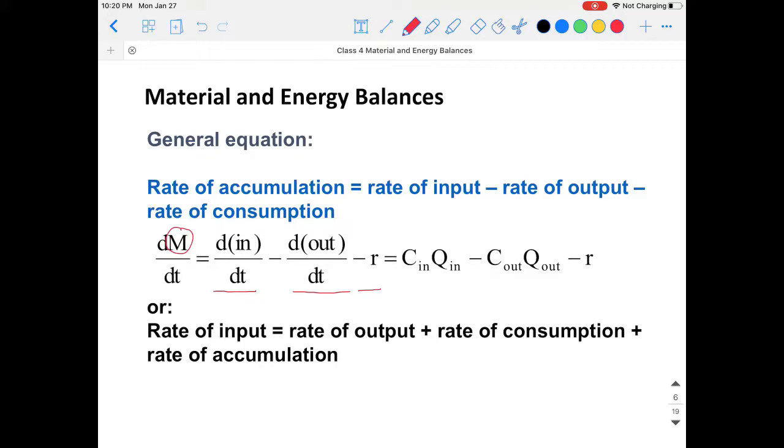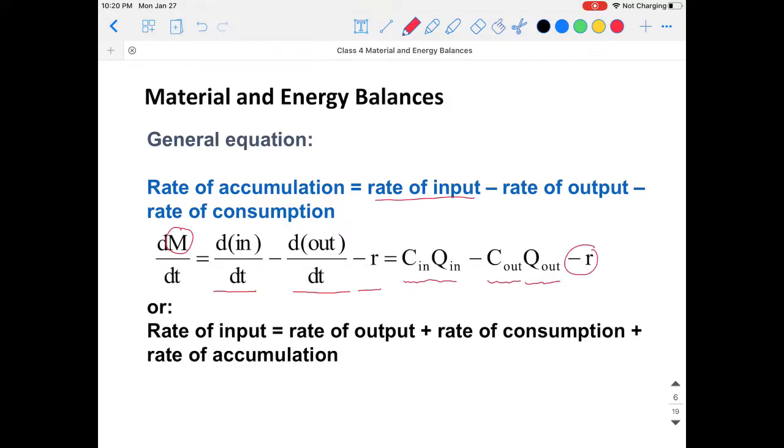If we further look at the input, it is going to be the concentration multiplied by the flow rate. The rate of the output is going to be the concentration multiplied by the outflow or exit flow rate. And for the rate of consumption, we can still use the R here.